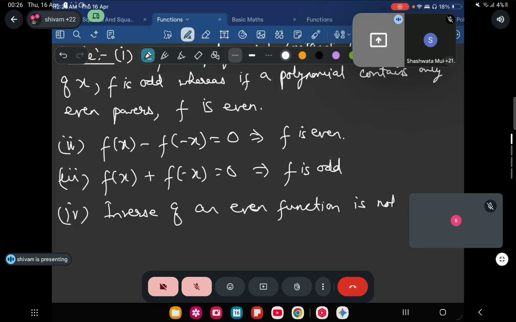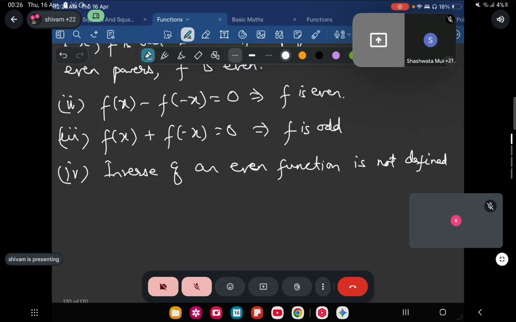It's not possible, right, everyone? Inverse of an even function will not be defined as it is many one, because an even function is a many one function. So its inverse is not defined.